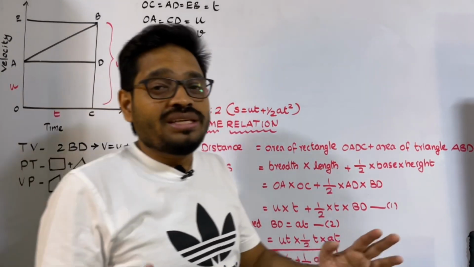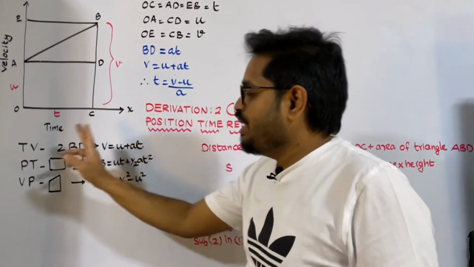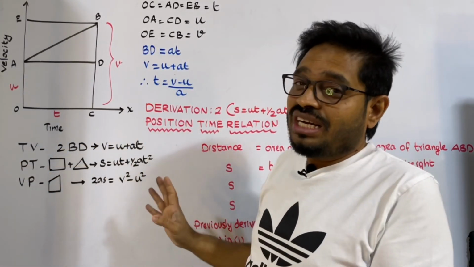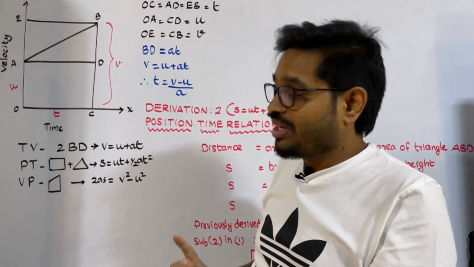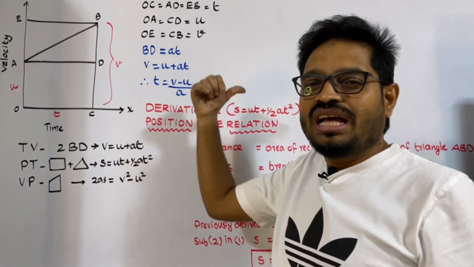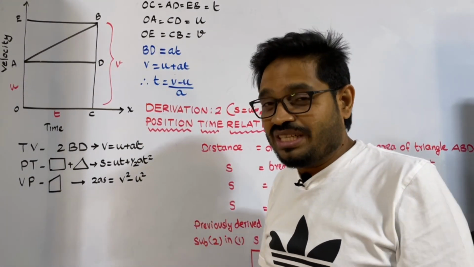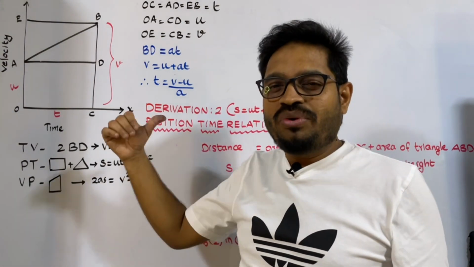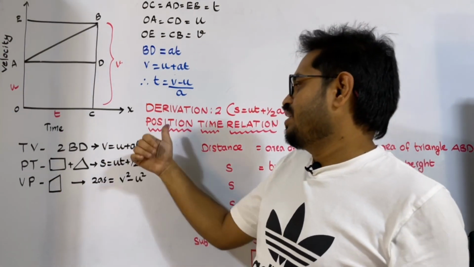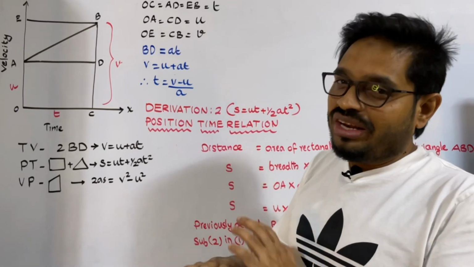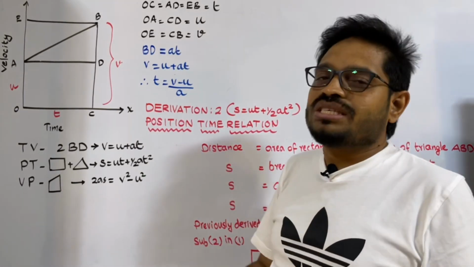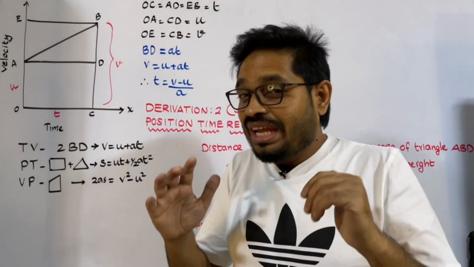So that is the story of the PT, which suddenly brings to your mind the rectangle and the triangle, and you catch up all the things by using that method and beautifully derive the position time relation, which is S equal to UT plus half AT square.